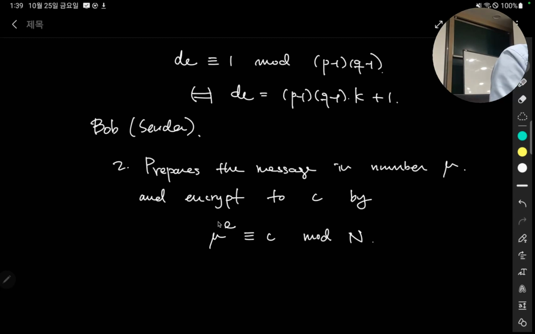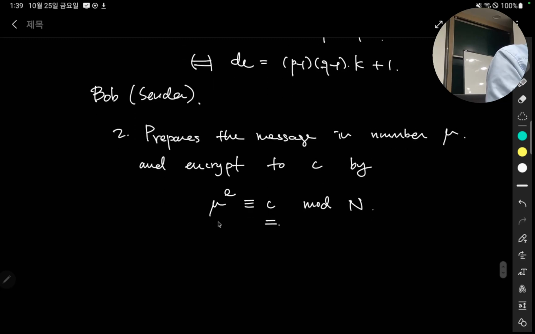N is known, E is known, and mu is what Bob prepared. He knows it, so he can convert it into some number called C here, and Bob sends C. Since C is not the same as mu, nobody can know what the message is. Even if they translate it into other symbols, it's going to be an illegible string of letters.